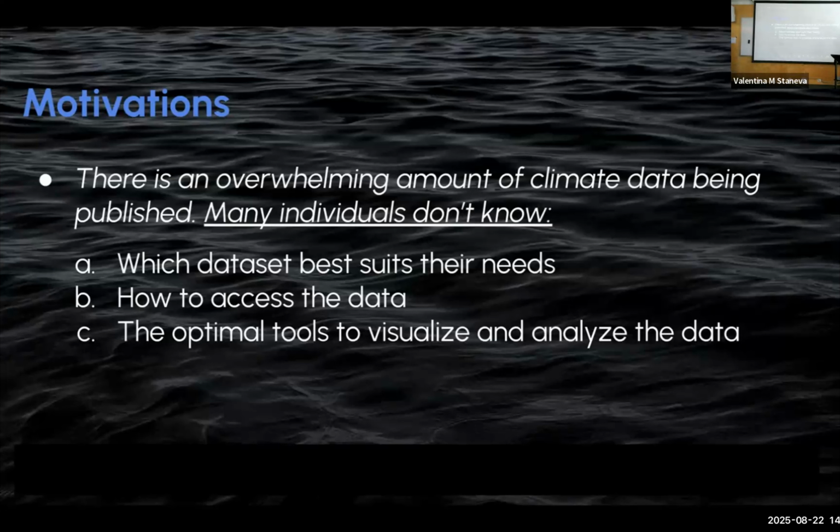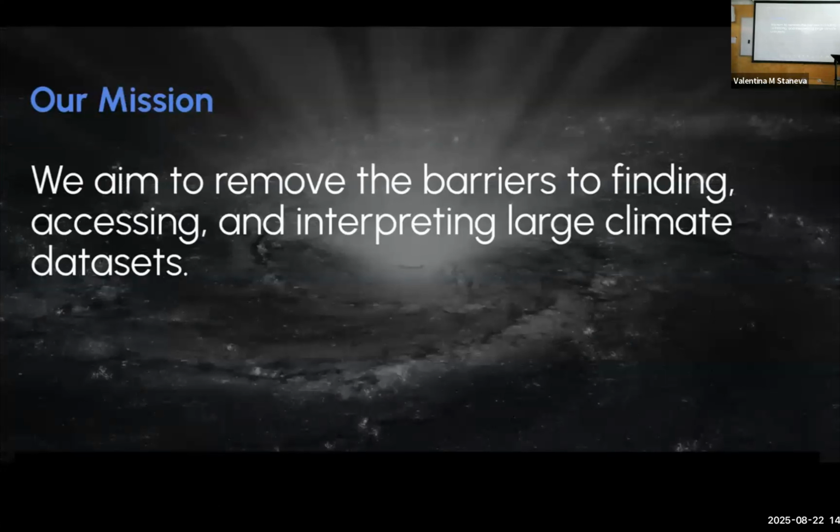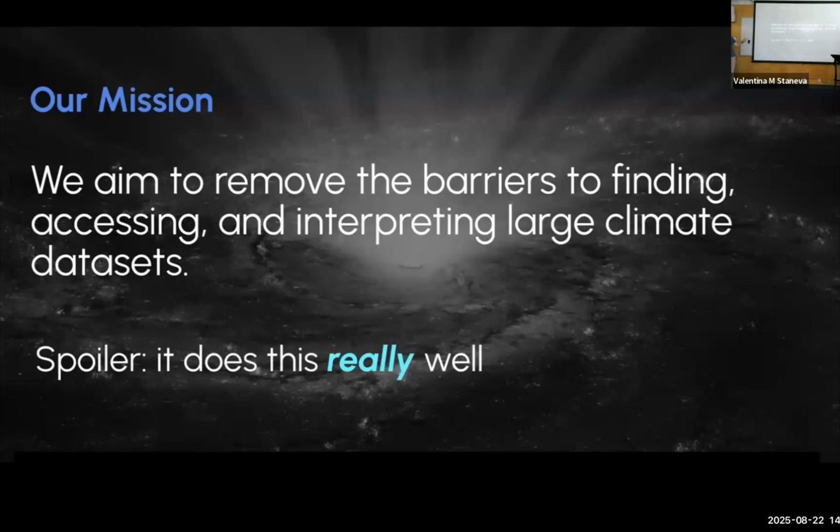So our mission, our goal, is to remove the barrier between finding the right data sets and the climate scientists. So we want climate scientists to analyze the data easily without coding and without any problems with data access. And it does this really well.